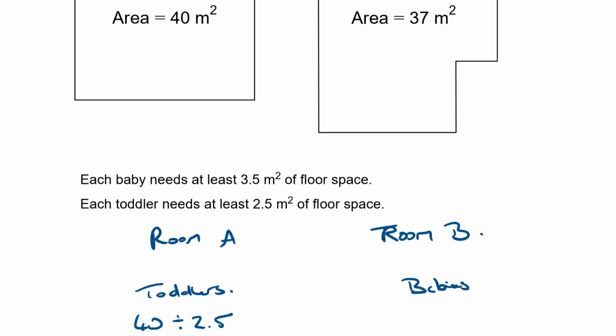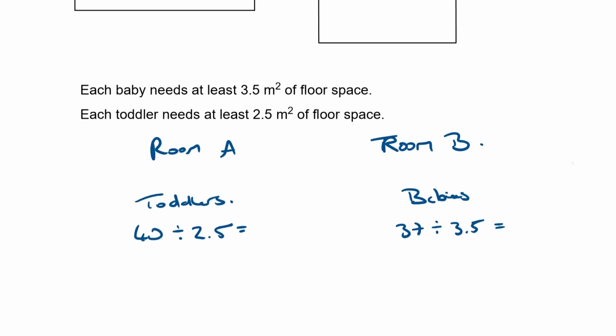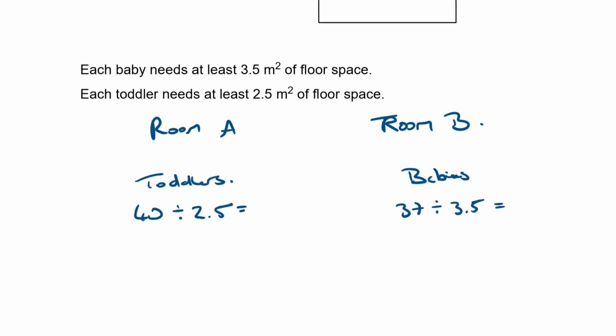And for room B, I'm going to have to take the total area of 37 and divide it by the space for babies, which is 3.5. Work out what that is, and then compare it. So what's 40 divided by 2.5? 40 divided by 2.5 gives me 16 toddlers I can fit into room A.